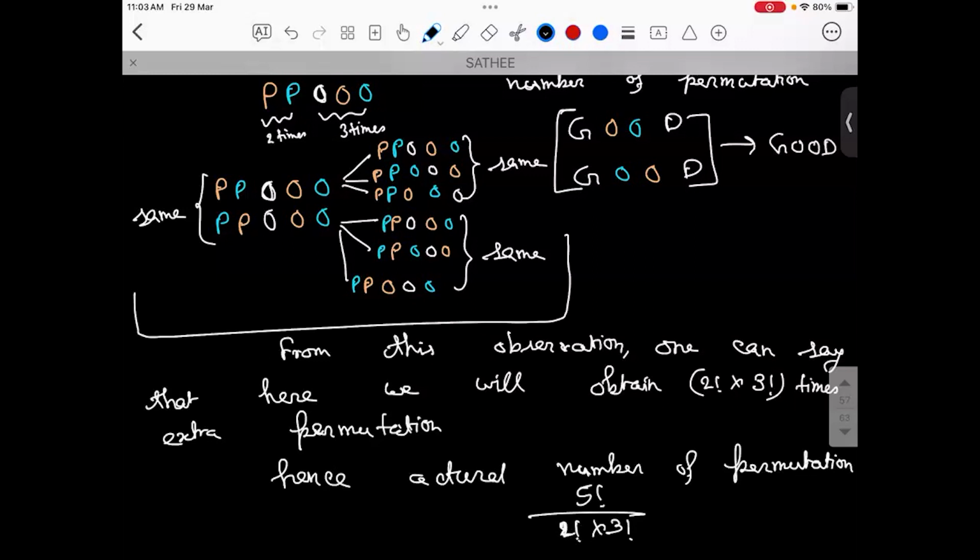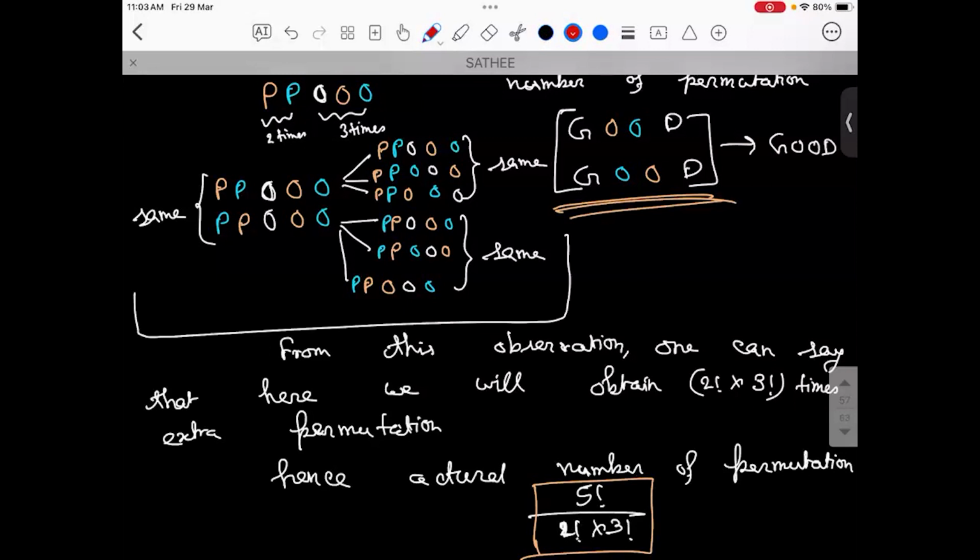Okay, so this is the actual number of permutations. For this case, we have this many permutations which are distinct, distinguishable, we can say, because these three elements or these two elements are not distinguishable. That is what we have discussed for this example.